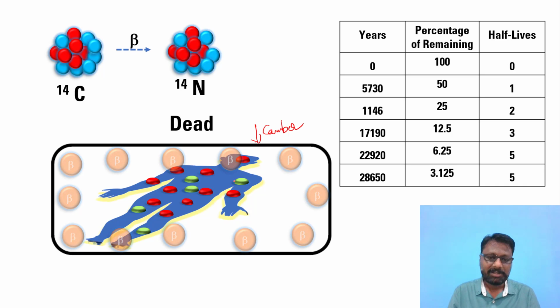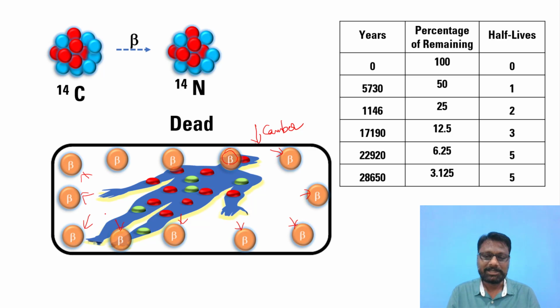when you keep the dead body in the chamber, you are able to see all these beta particles emitted from the radioactive C14. These emitted beta particles released from the dead body decay the C14 content in the dead body.